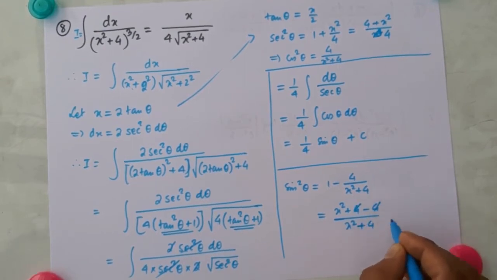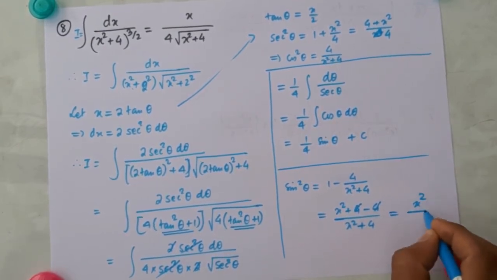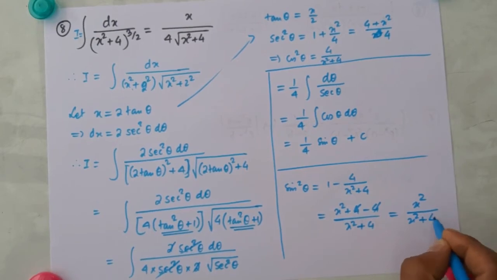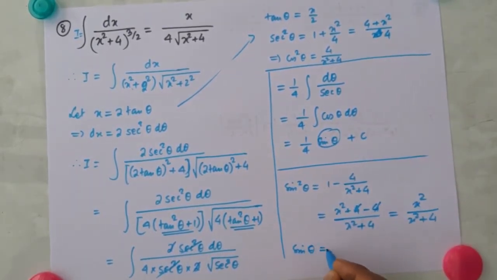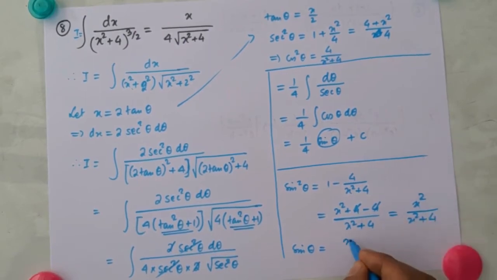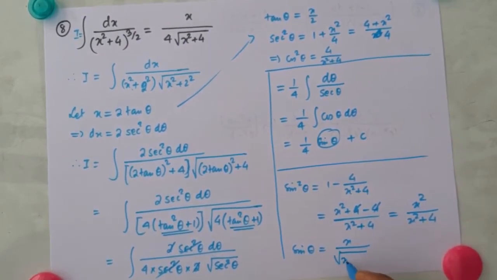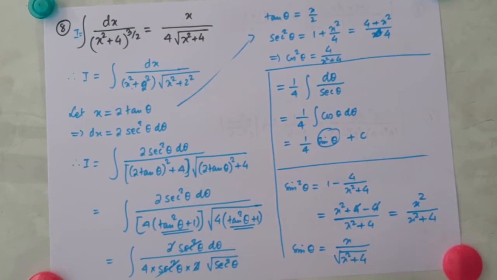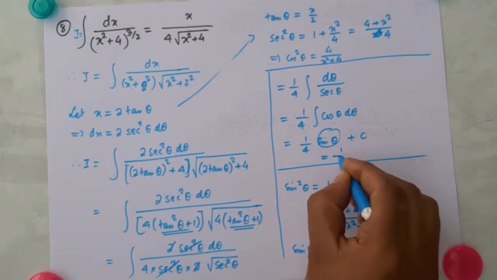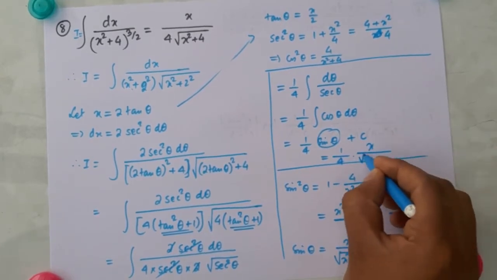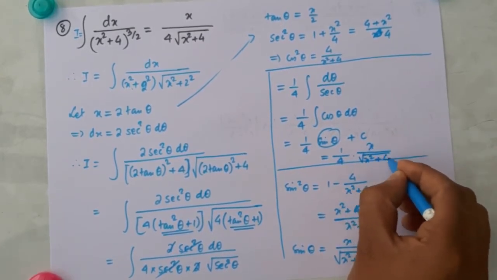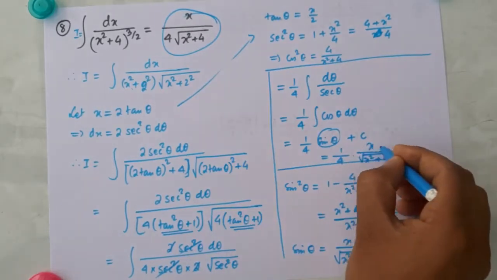These two get cancelled, so you get x square by x square plus 4, and you need to find the value of sin theta. So sin theta turns out to be x by square root of x square plus 4. So this can be written as 1 by 4 sin theta, which is x by square root of x square plus 4. Did we get this much?